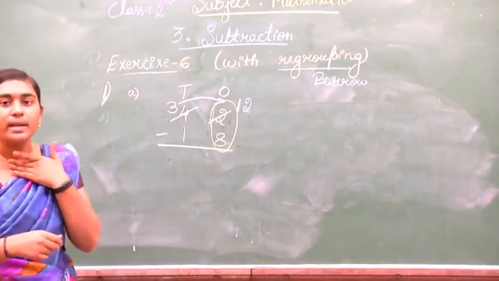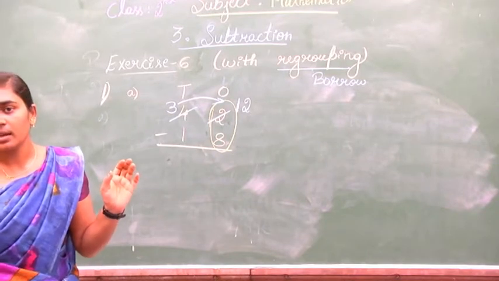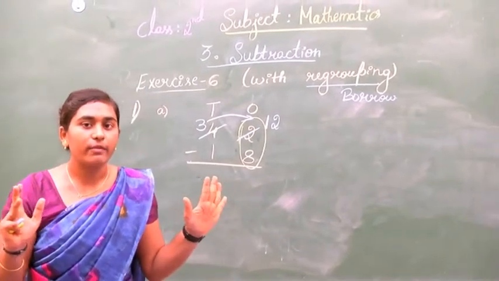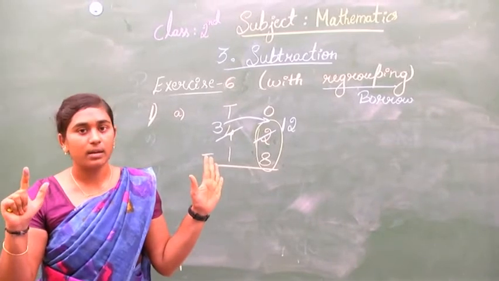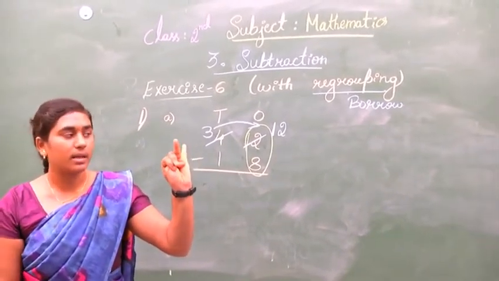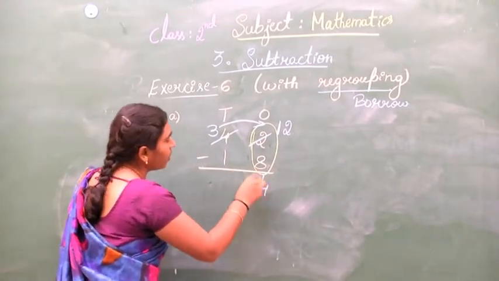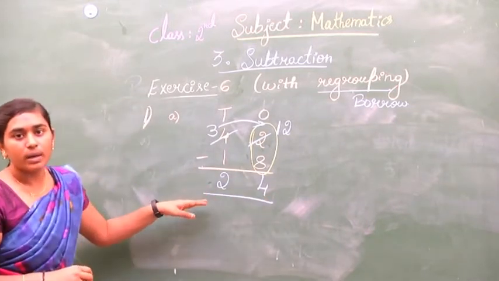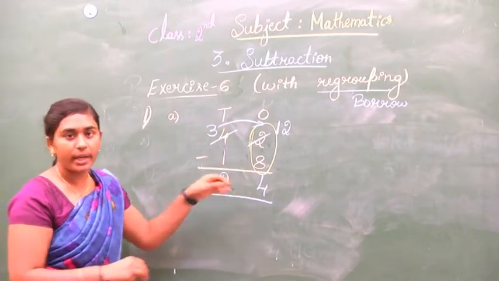What is 12 minus 8? 12 in the mind and 8 in the fingers. Start subtracting backwards from the 12. 12 before is 11, 10, 9, 8, 7, 6, 5 and 4. So 12 minus 8 is 4. 3 minus 1 is 2. Alright, now 42 minus 18 is 24.